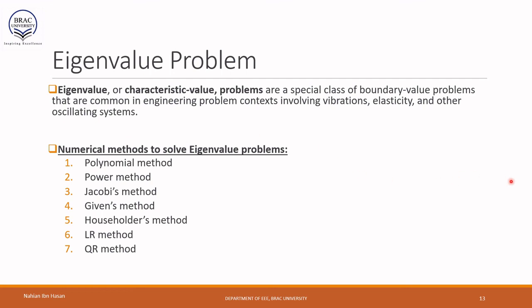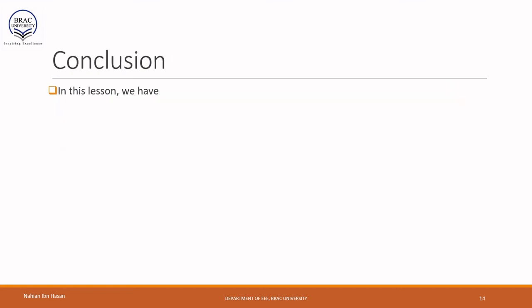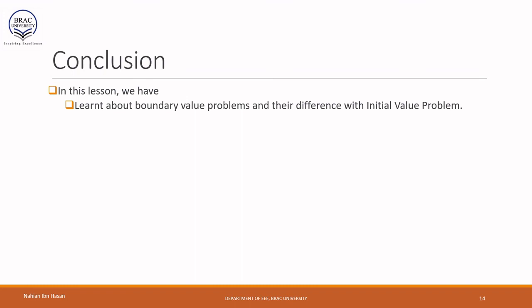So please go through the details from Stevenson's book, and I can assure you that you can easily understand the application of the finite difference method in solving the eigenvalue problem. But to find out these methods, from 1 to 7, the polynomials to QR methods, to find out these special methods, you have to go through some advanced textbooks and the literature. Okay, so that's up to you.